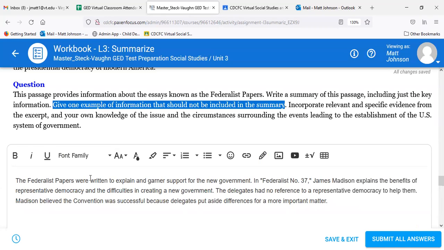The delegates had no reference to a representative democracy to help them. Madison believed the convention was successful because delegates put aside differences for a more important matter. We need to throw a detail in there at the end to cover all our bases. So what would be an example of information that we wouldn't include? What's a detail? What's something that's less significant that we could put in here?